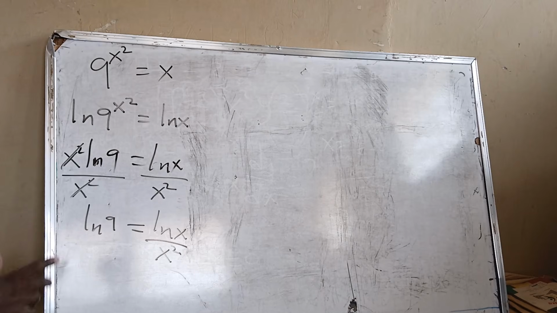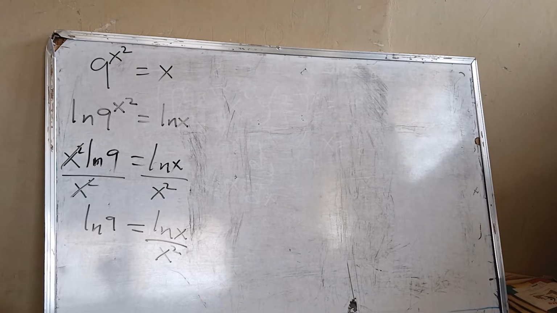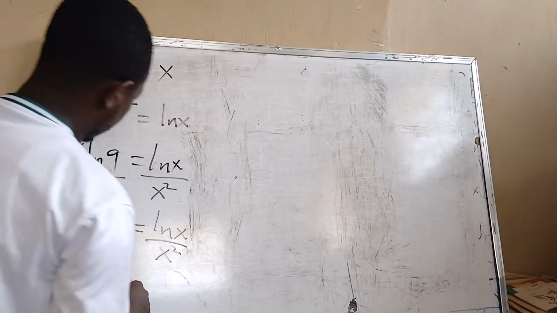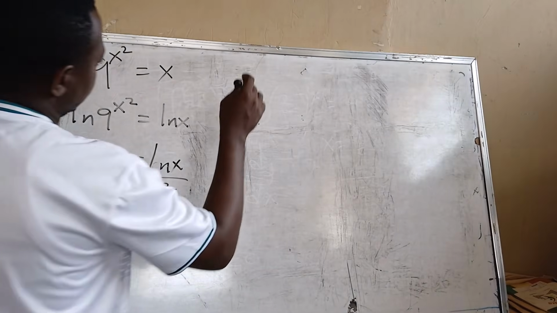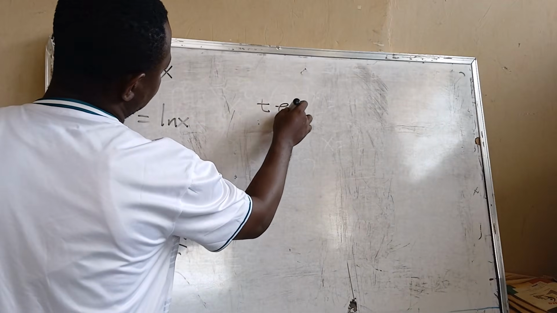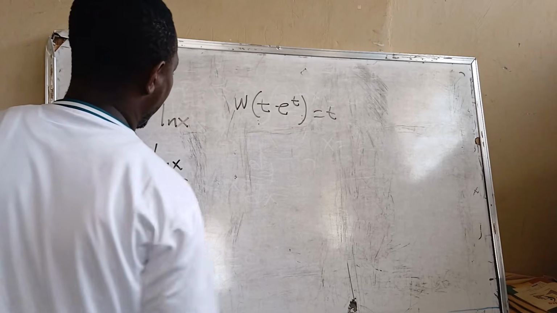All right, now before we can complete this, we have to apply the Lambert W function. In the last video that I did, I made mention of that, and I threw more light on it, explaining what is meant by the Lambert W function. Now it goes like this: when you have t times e raised to t, and you take the W function, the result will be t.